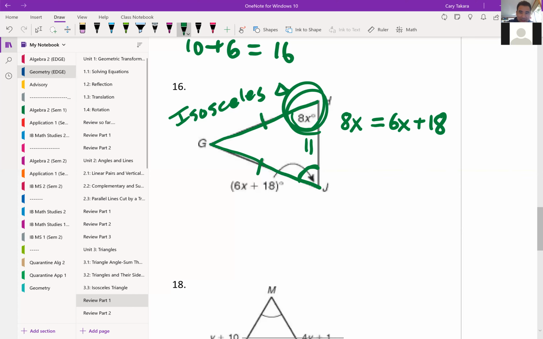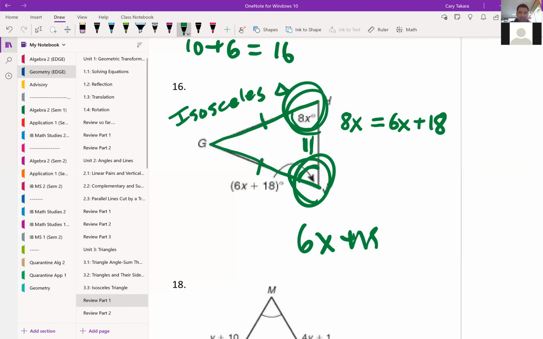This angle and this angle are equal to each other. So you can write 6x plus 18 equals 8x. It doesn't matter which way you start. Now let's solve it.